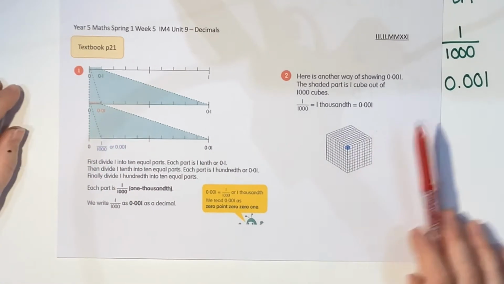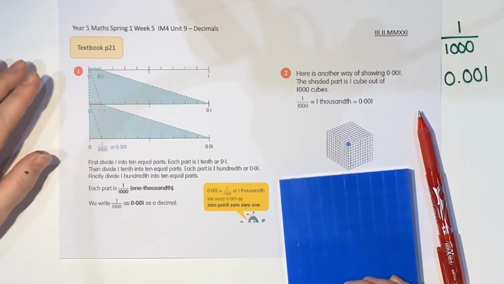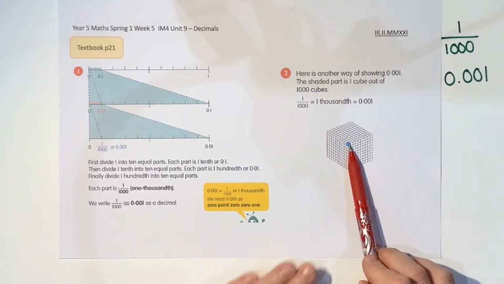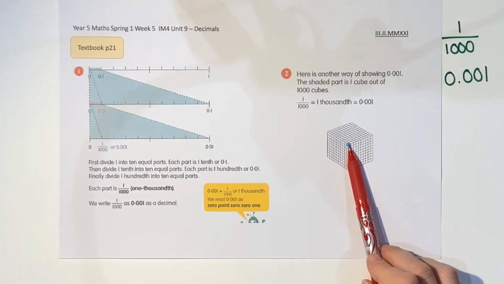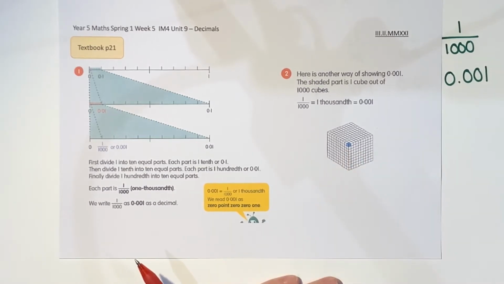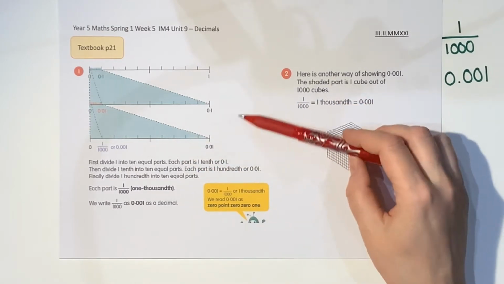So last time we talked about this being a whole one, but you could also show a thousandth using one of the big cubes that we normally call 1,000, don't we? And one of those little ones is a thousandth, 1 cube out of 1,000 cubes, okay? So we've got there by dividing by 10 again.